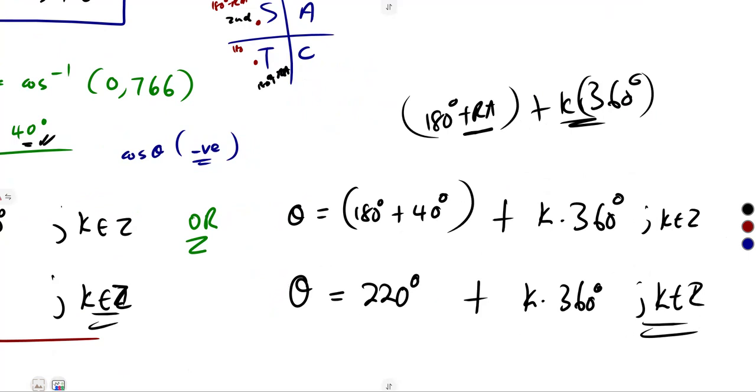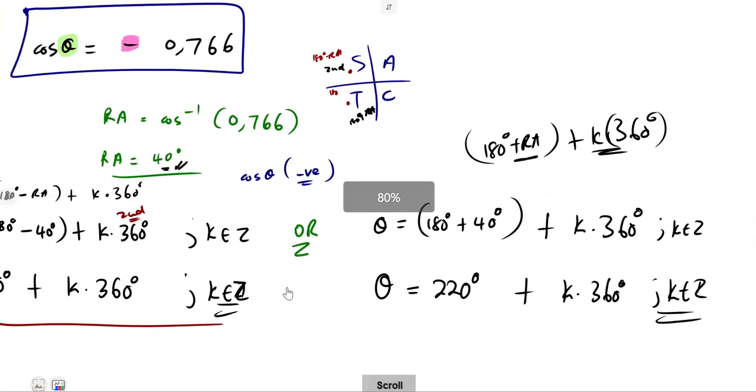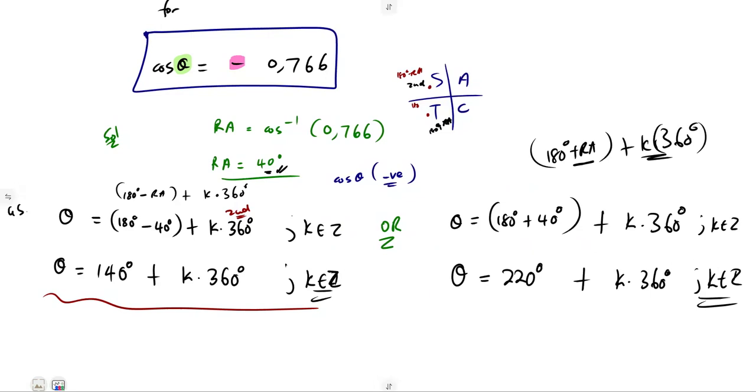So these are the general solutions we expect where cos is a negative value: a solution for the second quadrant and a solution for the third quadrant. Two possible solutions.